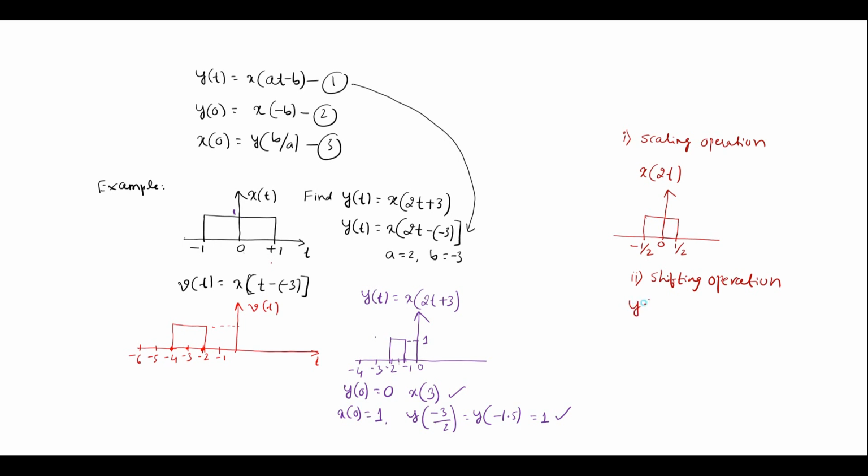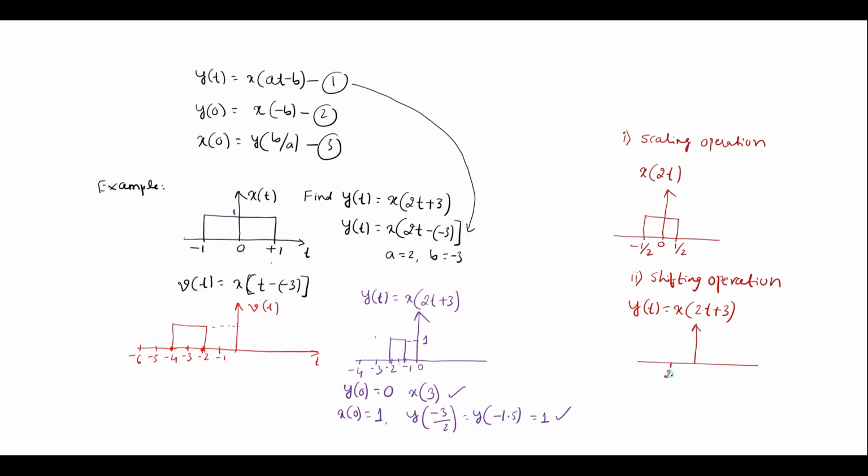That is y of t is equal to x of 2t plus 3. The shifting operation is done on the x of 2t signal by replacing t by t plus 3. That is, we shift this signal left by 3 units. We get 0.5, that is 1 by 2, added with -3, so it will appear at -2.5.